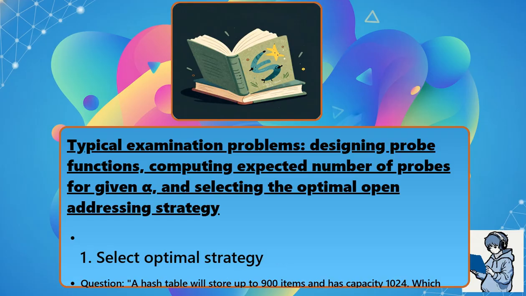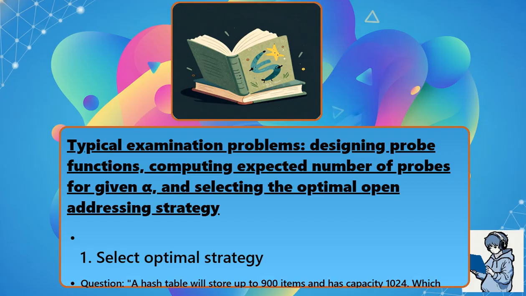3. Select optimal strategy. Question: a hash table will store up to 900 items and has capacity 1024. Which open addressing method gives the lowest average probe cost? Justify with calculations. Work: load factor alpha equals 900 divided by 1024, approximately 0.879.